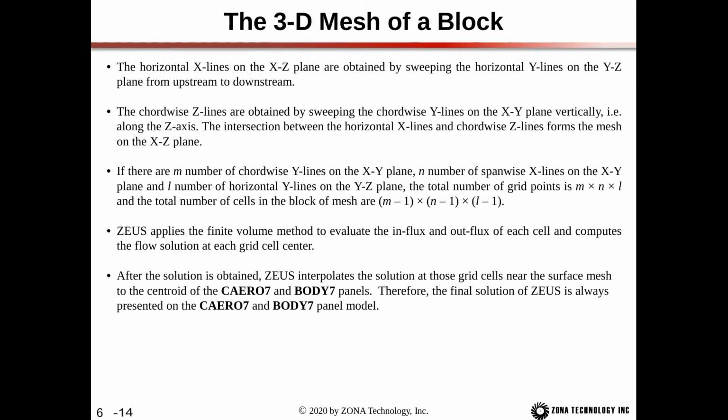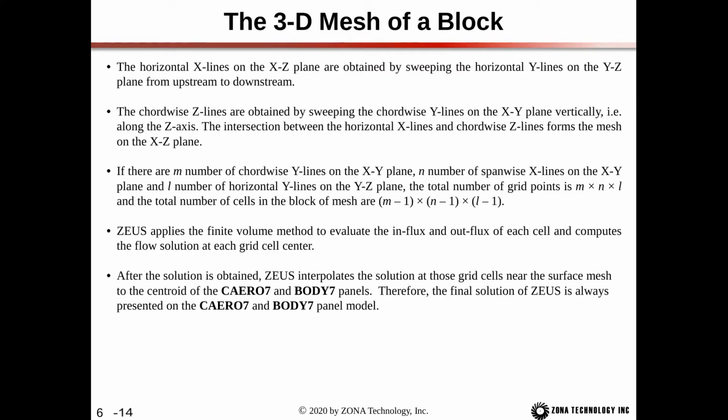So to finally get the 3D mesh of the block, the horizontal X lines on the XZ plane are obtained by sweeping the horizontal Y lines on the YZ plane from upstream to downstream. And then the chordwise Z lines are obtained by sweeping the chordwise Y lines on the YZ plane vertically, that is along the Z axis. And the intersection between the horizontal X lines and the chordwise Z lines forms the mesh on the XZ plane.